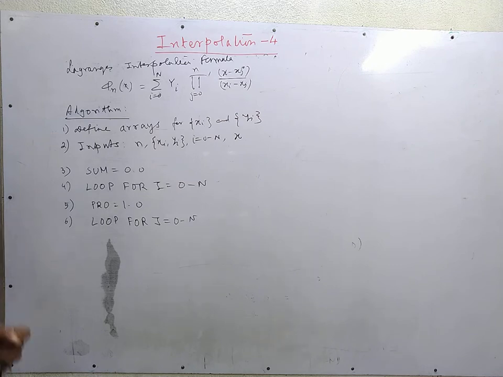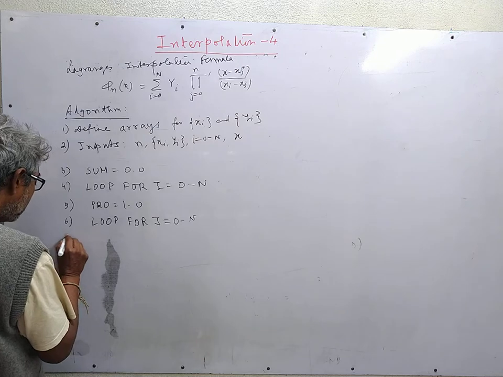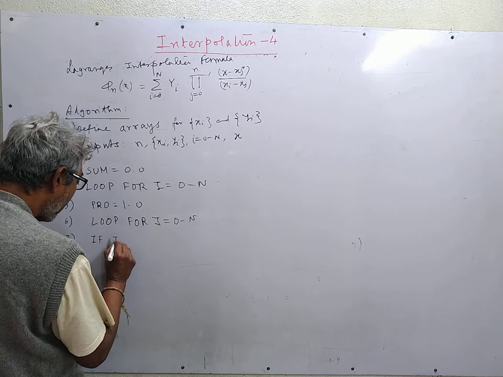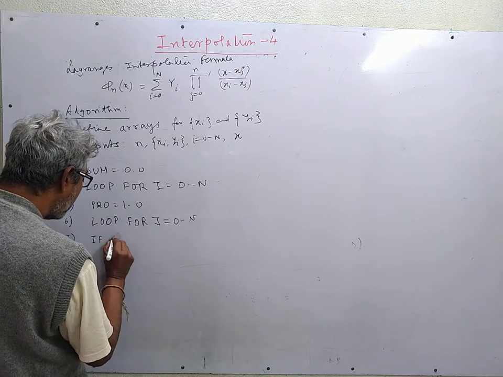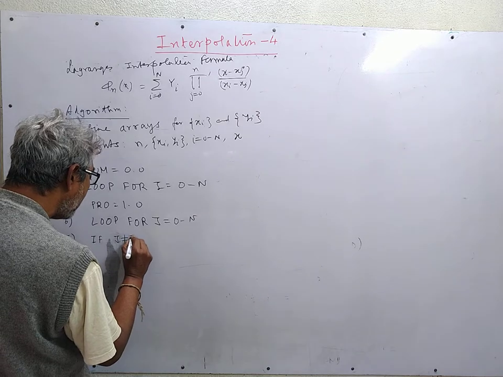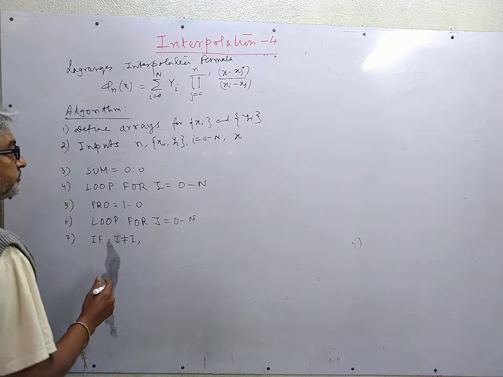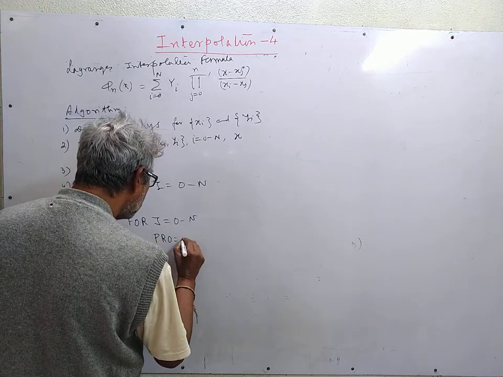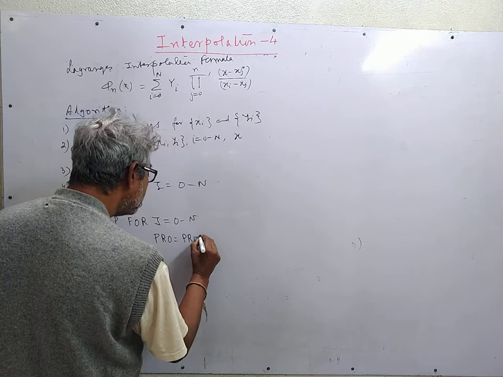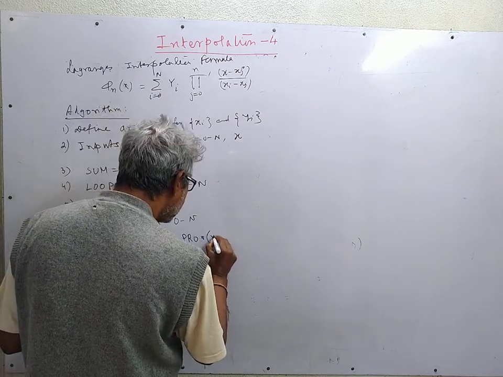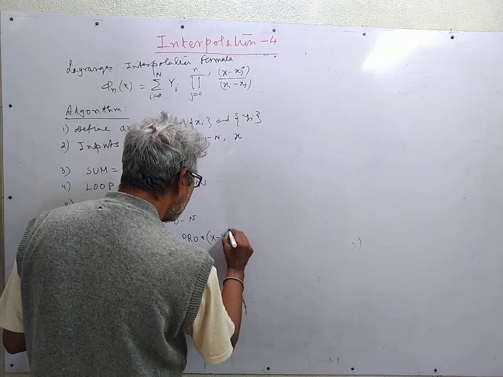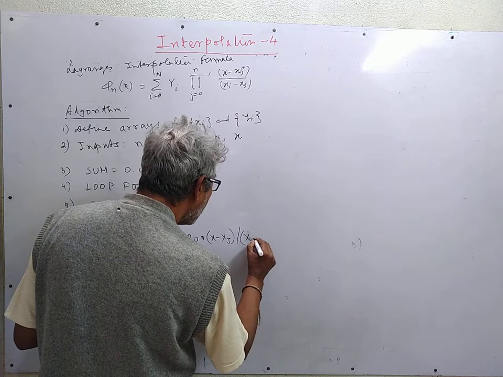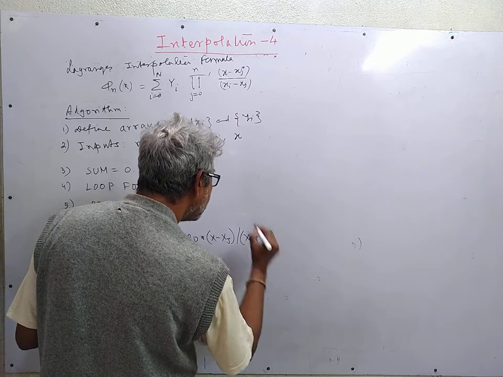Then for j, if j is not equal to I, we calculate product is equal to product times x minus xj divided by xi minus xj.